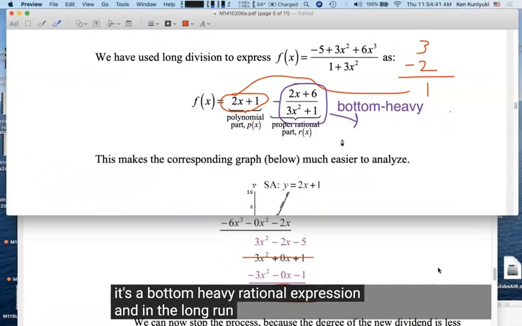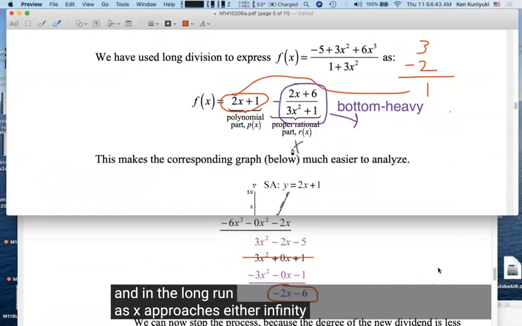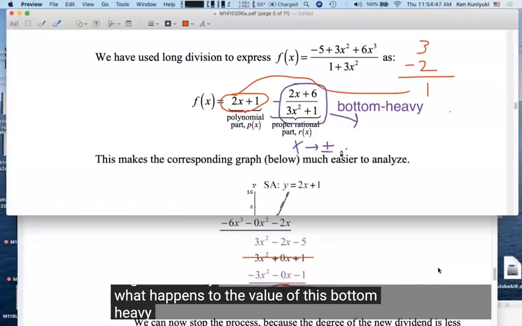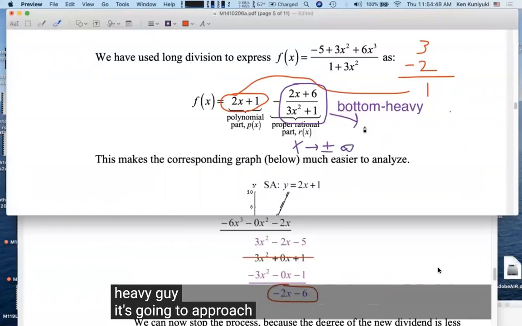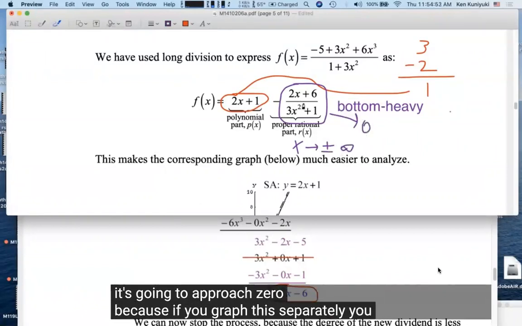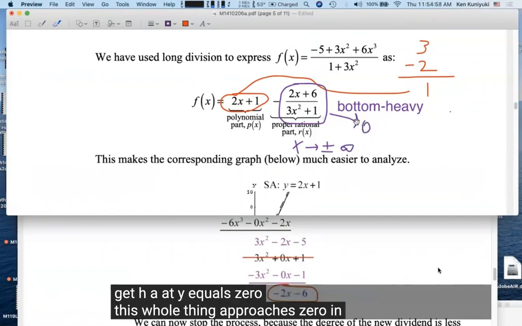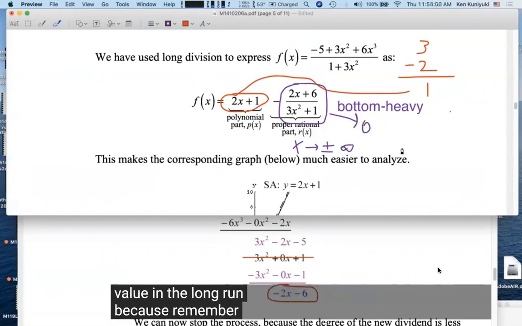And in the long run, as x approaches either infinity or negative infinity, what happens to the value of this bottom heavy guy? It's going to approach 0. Because if you graph this separately, you get an HA y equals 0. This whole thing approaches 0 in value in the long run. Remember, HAs don't just tell you about graphical properties.